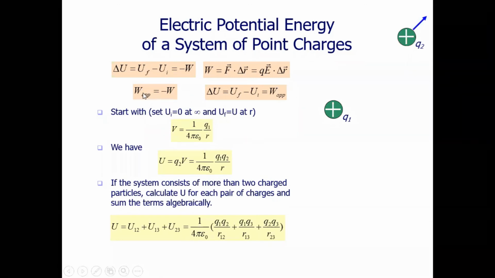So the work that is done by the applied force is just equal to the minus of the work that is done by the electric field. If you combine these two equations, this one and that one, you find that the work that is done by the external agent, the applied force, is just stored as the potential energy.